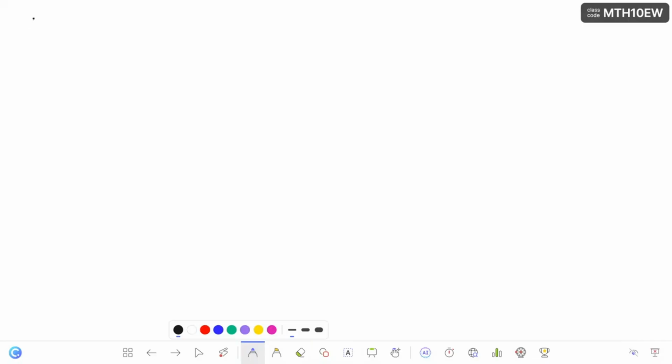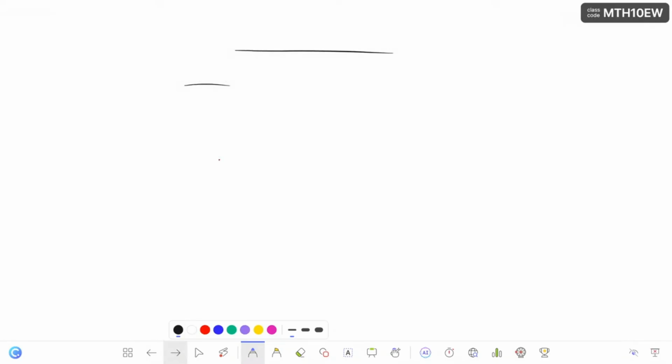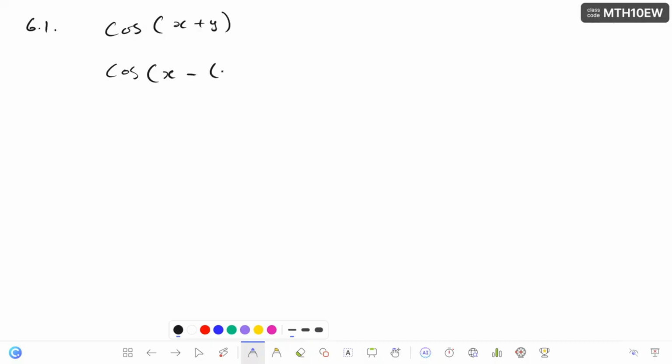So this one is going to be 6.1. So we are given cos of (x plus y). So in order to write it in this form, because they said we need to use this identity to derive this one, we're going to change this one to cos(x minus y).